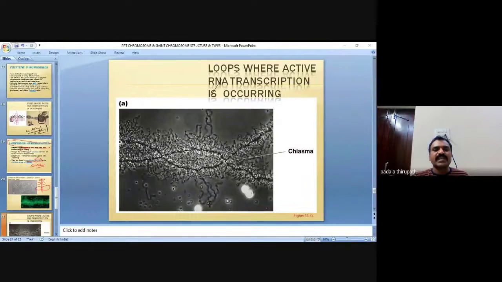So mRNA we can also call DNA dependent RNA. This transcription is observed in the nucleus region. From mRNA to protein, protein synthesis we call translation. Am I clear?